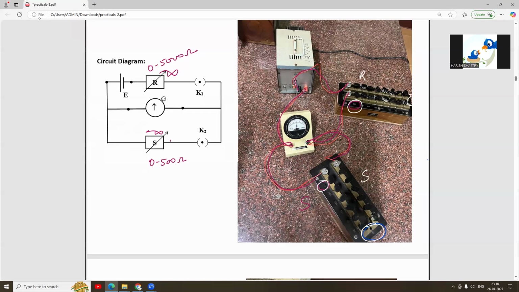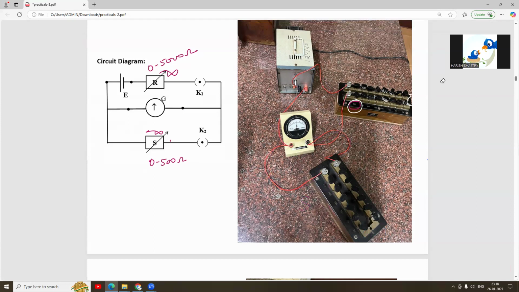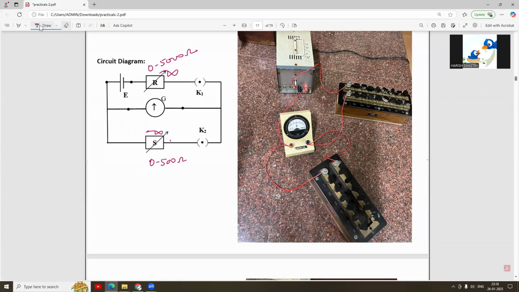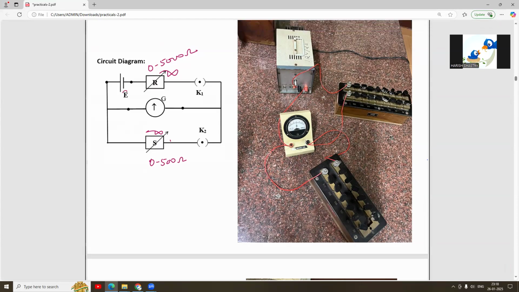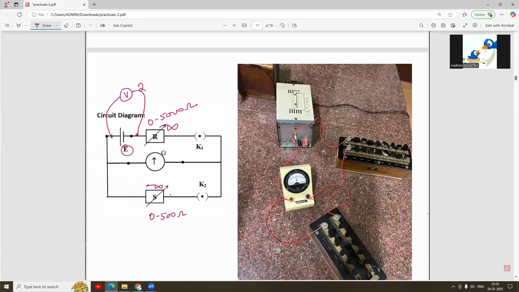So here there is a hidden thing that is not mentioned in the circuit, but you are going to connect. I'll remove all unwanted things here. So you are going to connect a battery across this. You are going to connect a voltmeter across this, a digital voltmeter, and set it to 2 volt. That is not mentioned in the circuit.